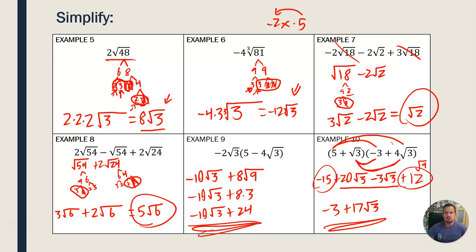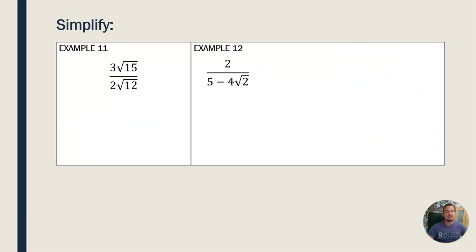Okay? So we talked about addition, we've talked about subtraction, we've talked about multiplication. Let's talk about some division. Okay? Example number 11. I have 3 square root of 15 over 2 square root of 12. So there's a couple things I could do here.